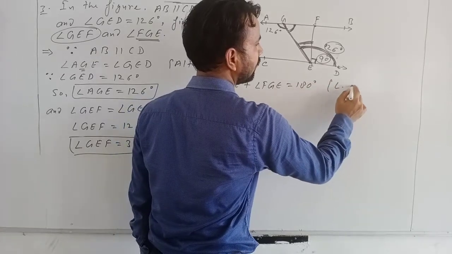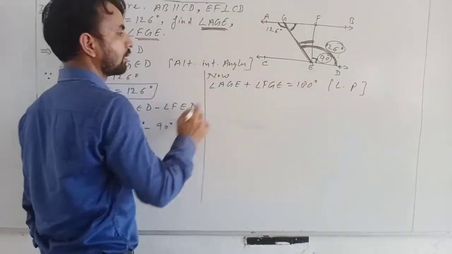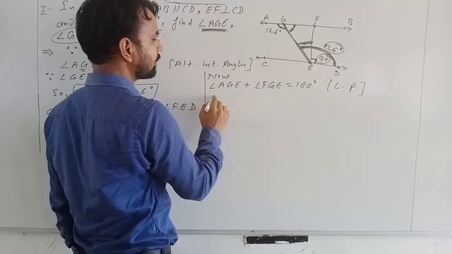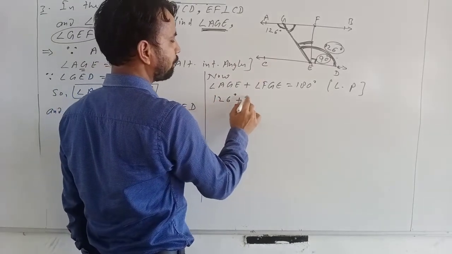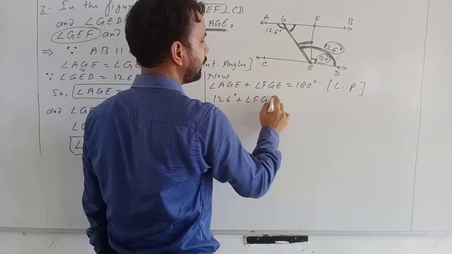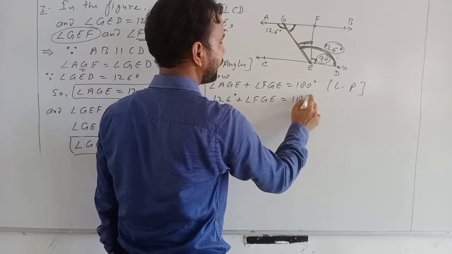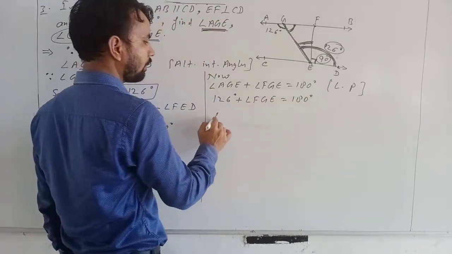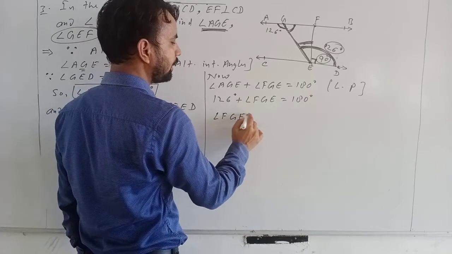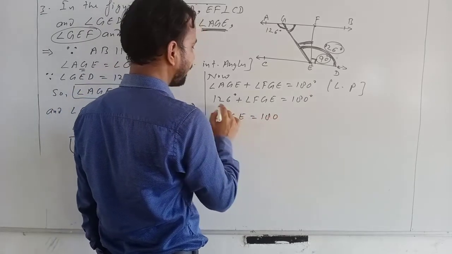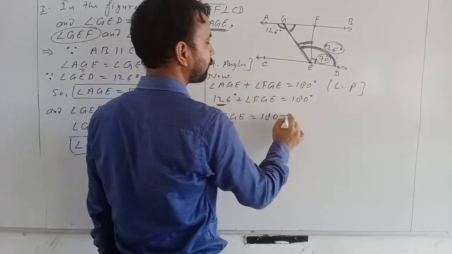Reason is linear pair. AGE is 126 degrees plus angle FGE equals 180 degrees. Now angle FGE equals 180, and this 126 will be subtracted from 180.